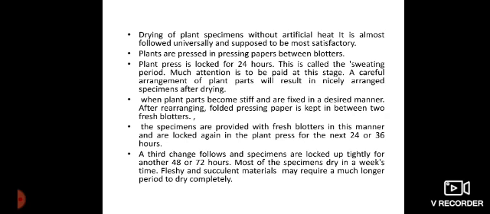The specimens provided with fresh blotters in this manner are locked again in the plant press for the next 24 hours. The change follows, and the specimens are locked up tightly for another 48 to 72 hours.